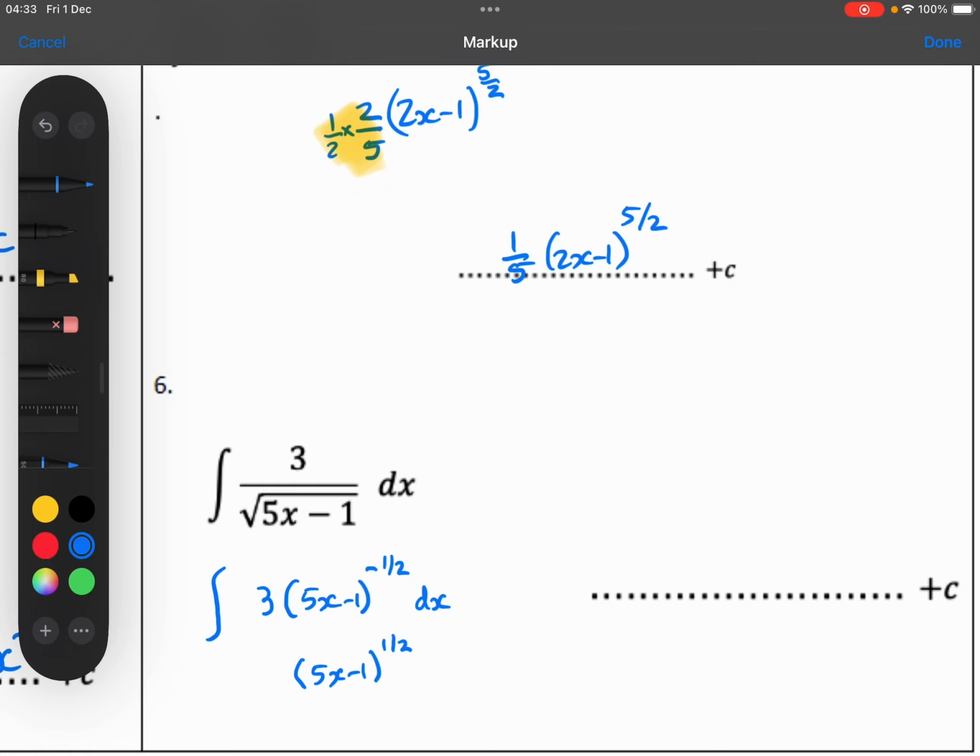So dividing by 1/2 is the same thing as timesing by 2. So I'm timesing that 3 by 2 to get 6. We then also need to divide by 5 because of the reverse chain rule. And so my answer is 6/5 of 5x minus 1 to the power of 1/2 plus c.